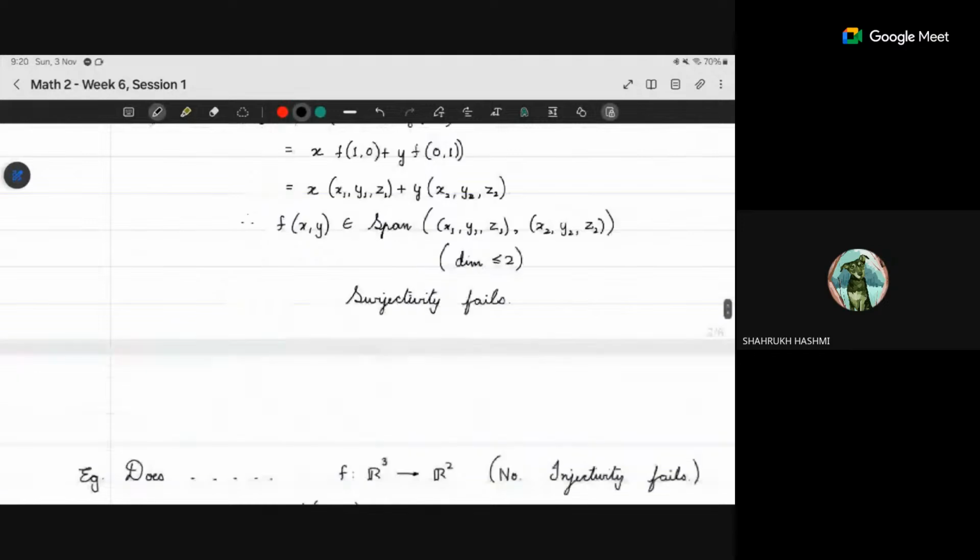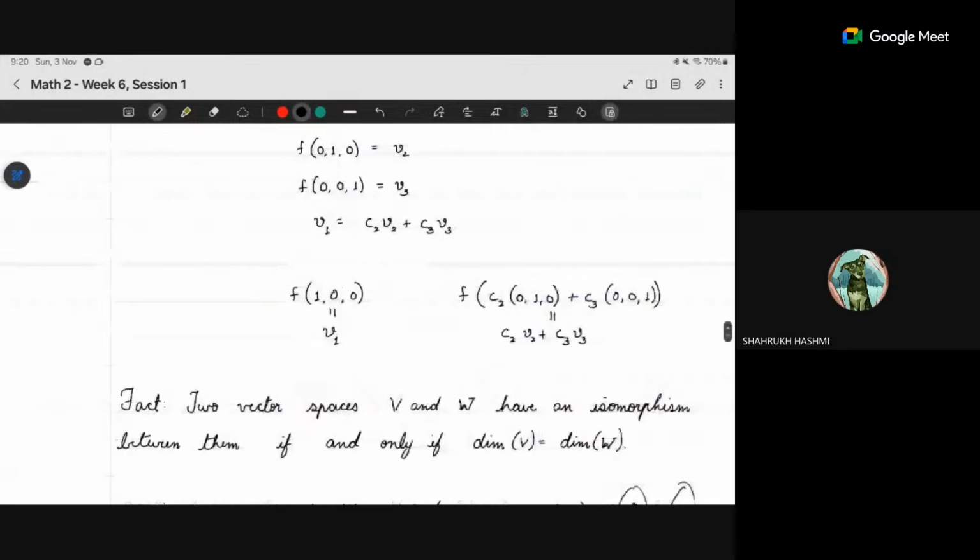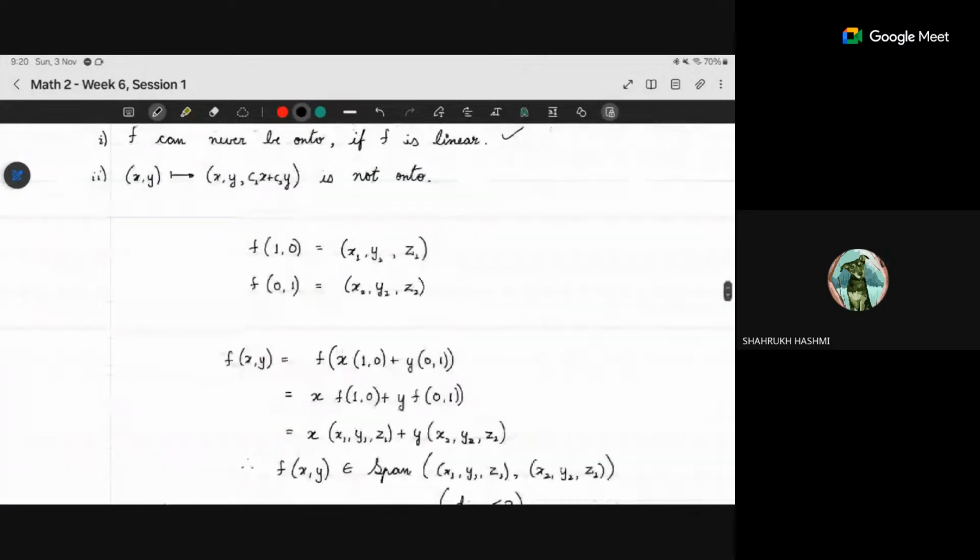Similarly, even in this example, we had the images of basis vectors, like the standard basis vectors, and everything will be determined by this. This is not being used over here, but it is being used over here actually. In this example, it is being used very strongly.